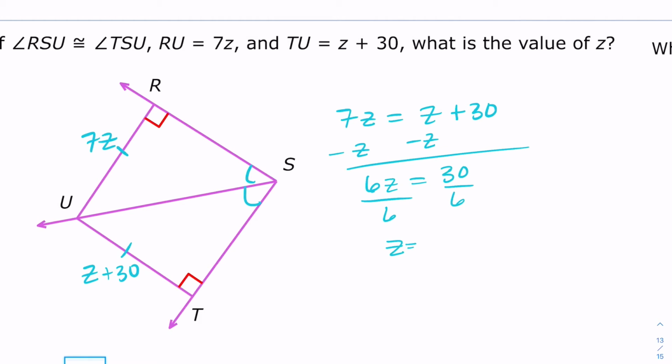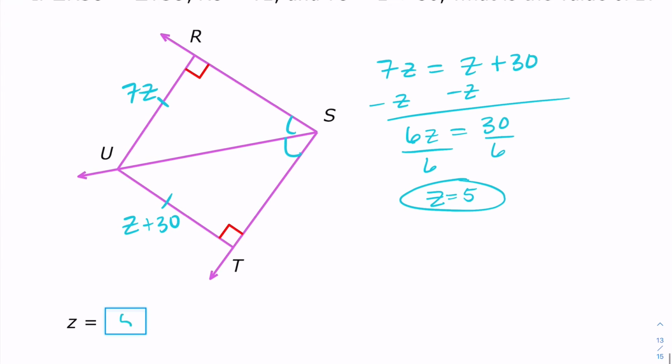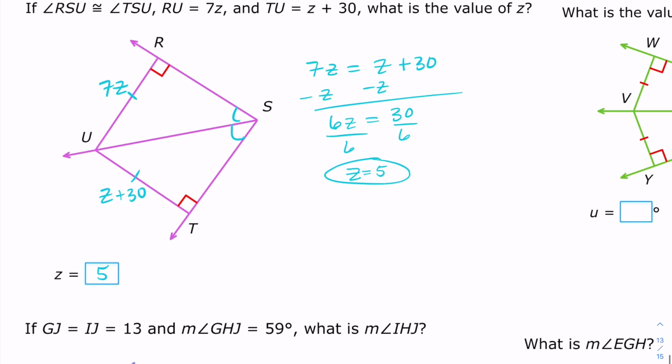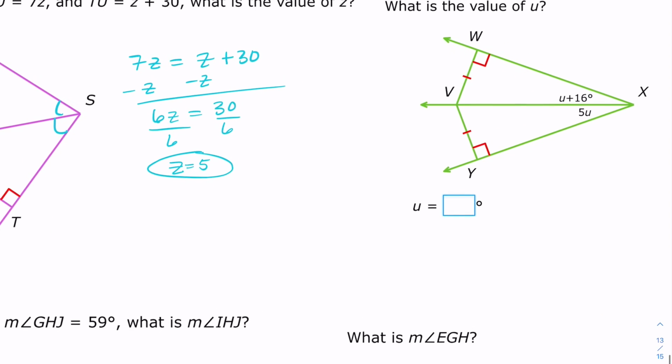So Z is equal to 5. We're solving for Z, which is 5. And all I did was I set them equal. Let's see if I was right. 5. What's 5 plus 30? Well, that's 35. What's 5 times 7? 35. So in that case, they're both 35. They're both equal. They're both congruent. So I did all the work there correctly.